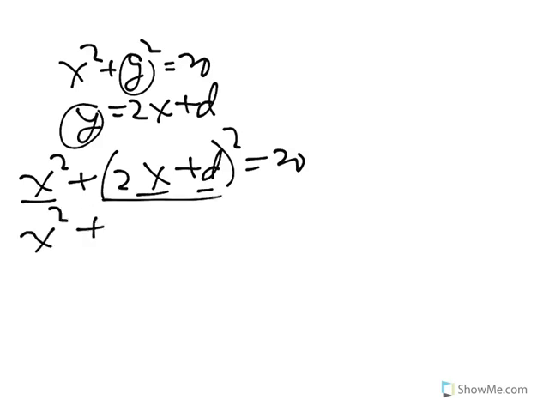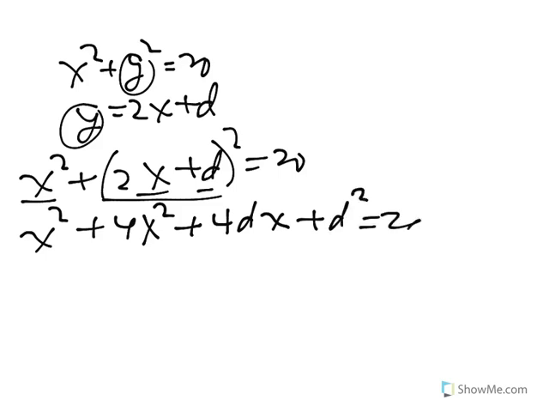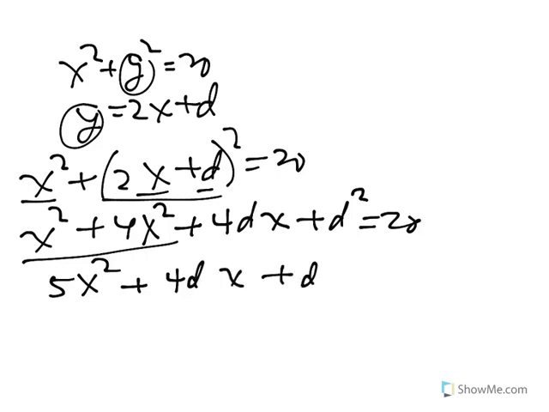When I expand out (2x plus d) squared, I get 4x squared plus 4dx plus d squared equals 20. It's getting kind of ugly. x squared plus 4x squared is 5x squared, plus 4d is the coefficient of the x, and I'm going to bring this 20 over.